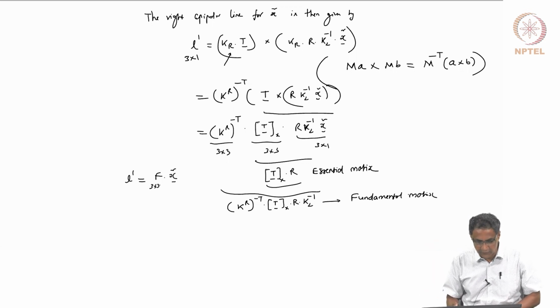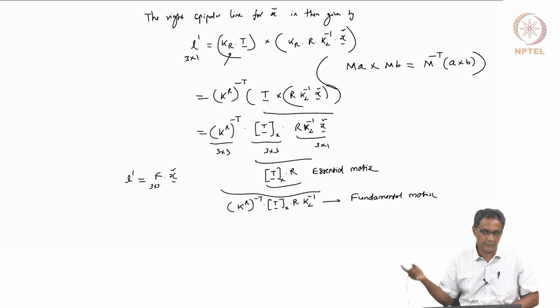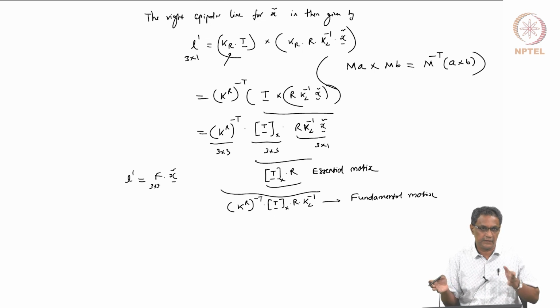And one more thing you should understand is that, in this case, we say that x tilde dash is actually a corresponding point of x tilde in your right image. What does that mean? That actually means that if you took the dot product of x tilde prime with this line, that should be 0, because that point should lie on this epipolar line if I knew the correspondence.